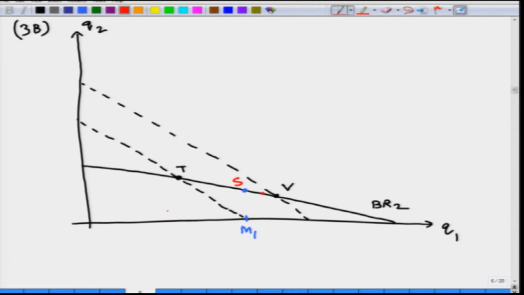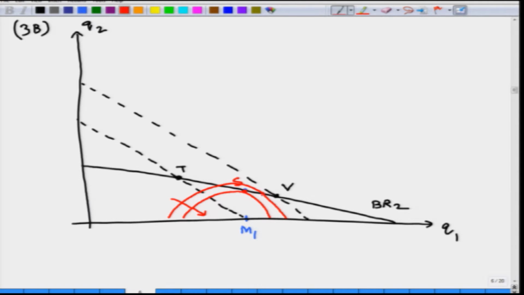Now the isoprofit curve passing through the Stackelberg output level is here, whereas the isoprofit curve passing through B1 is here.